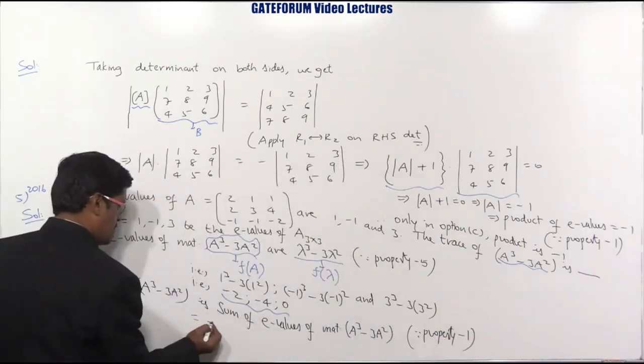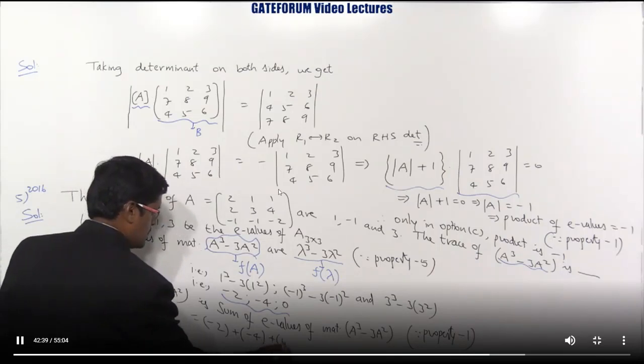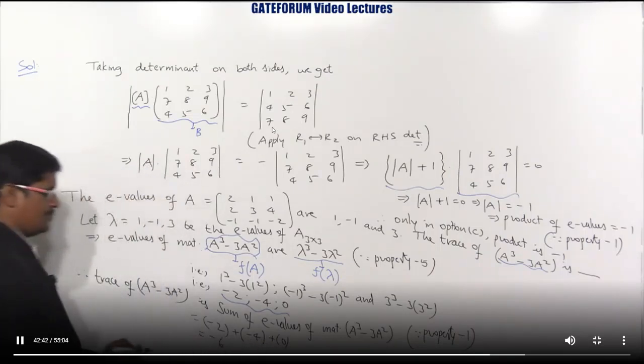So what is the sum? Minus 2 plus minus 4 plus 0 is equal to minus 6.